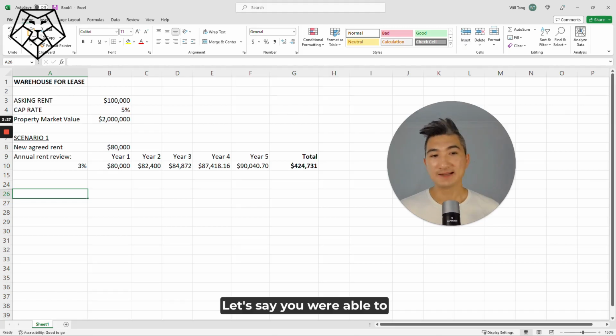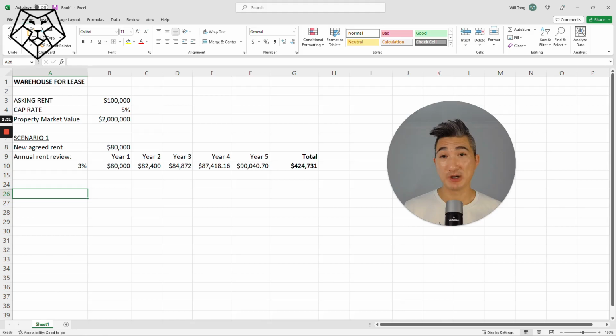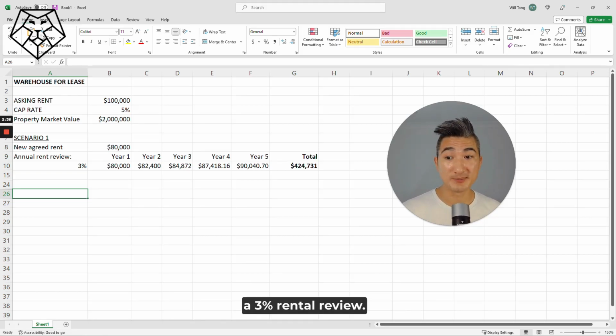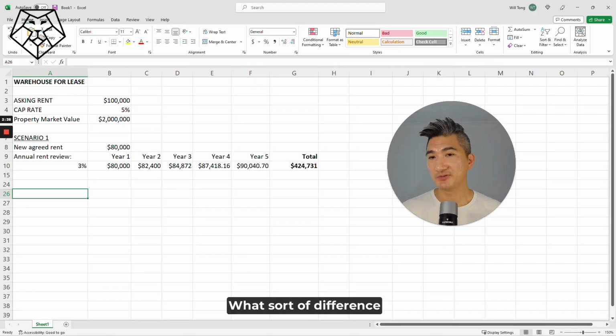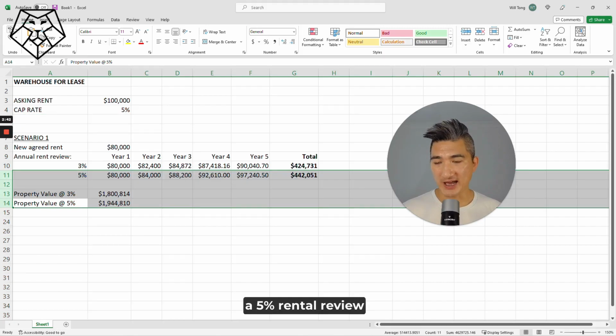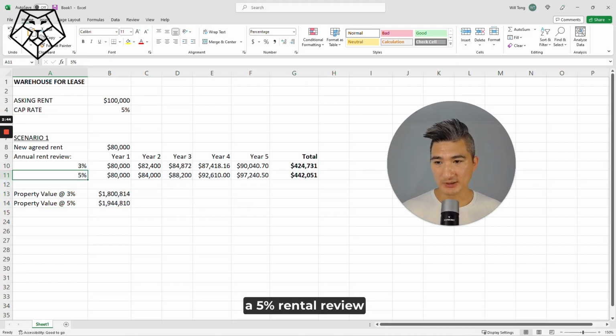Okay, let's say you were able to actually do a little bit better. You're actually going to negotiate a 5% rental review rather than 3% rental review. What sort of difference would that make? So if you were doing a 5% rental review, at the end of year 5, you'll be collecting $97,240 in rent.